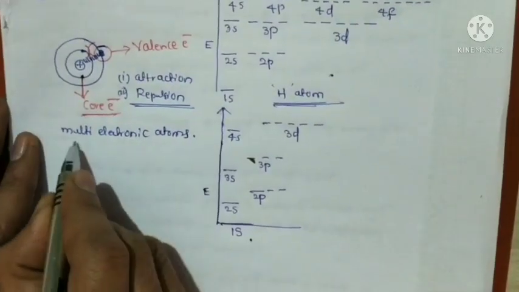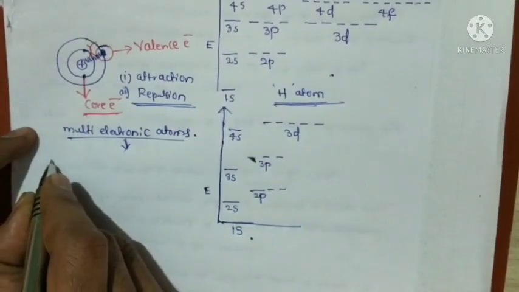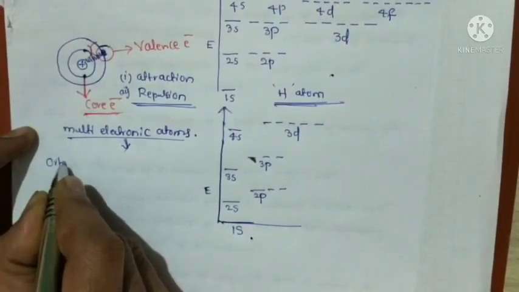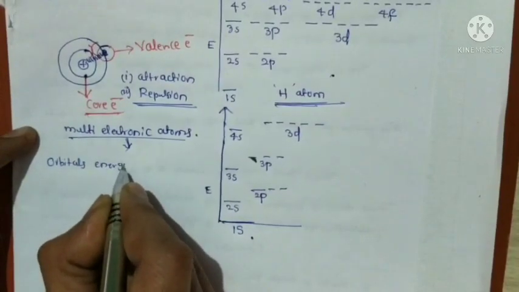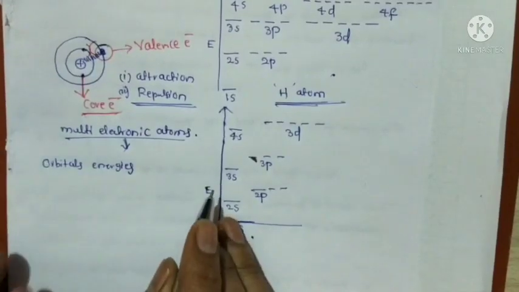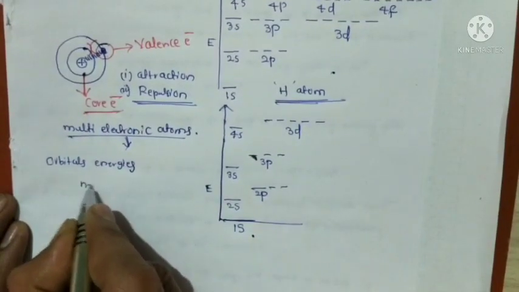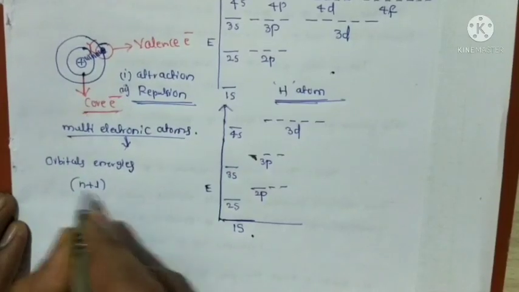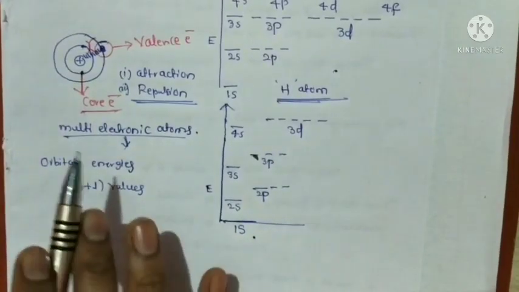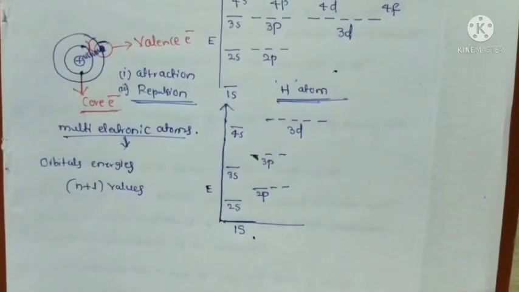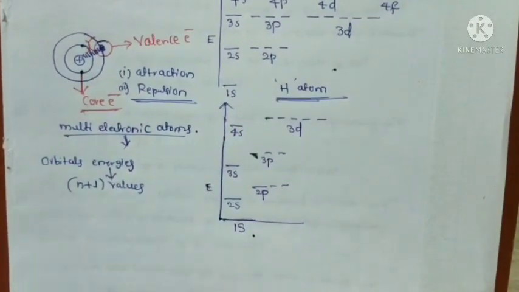For multi-electronic atoms, orbital energies depend upon the n plus L values.